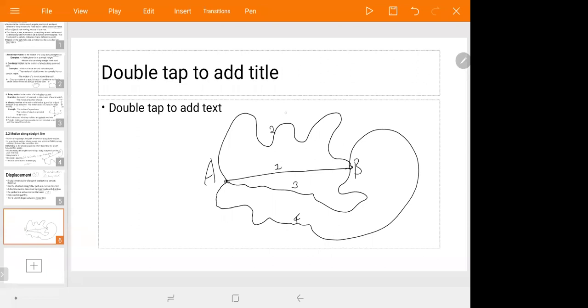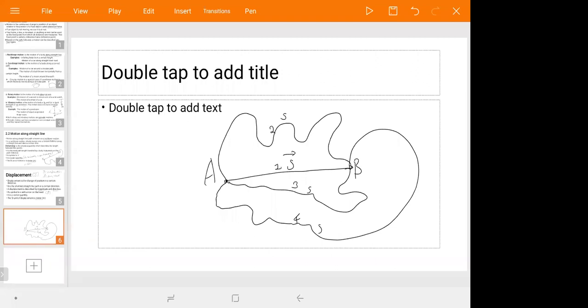Number one is displacement. Number three is distance. Number four is distance. Except number one, all of the paths on this border are what we call distance.